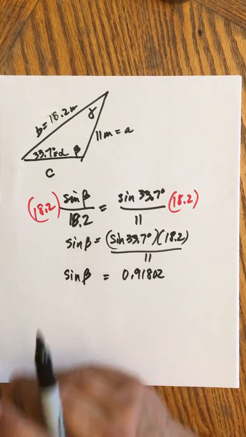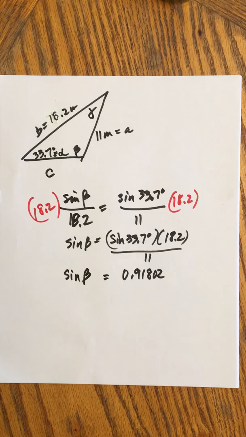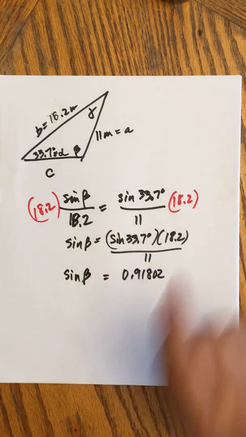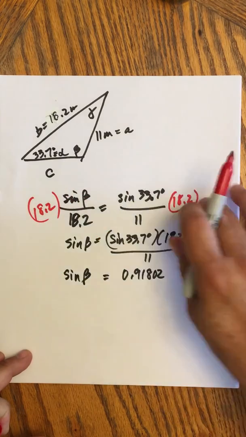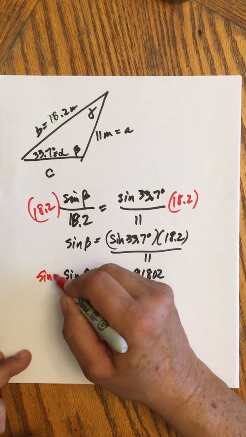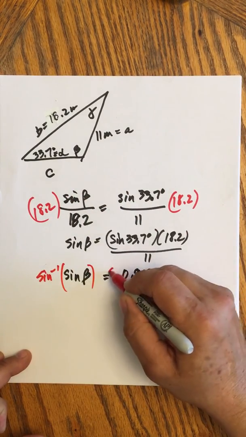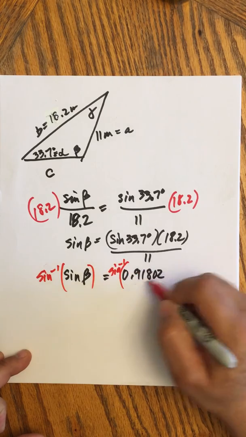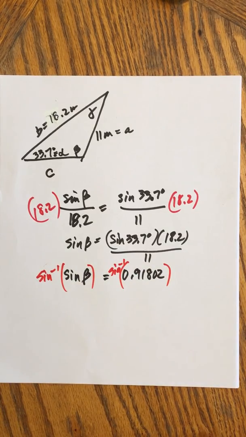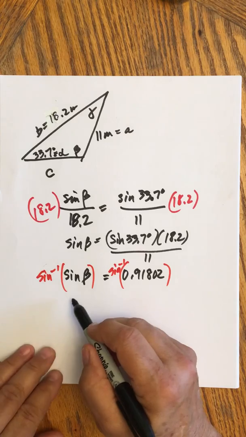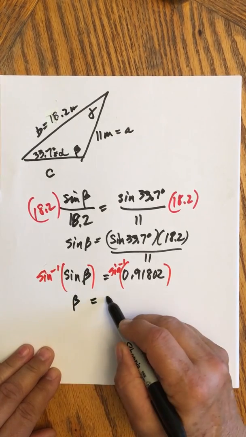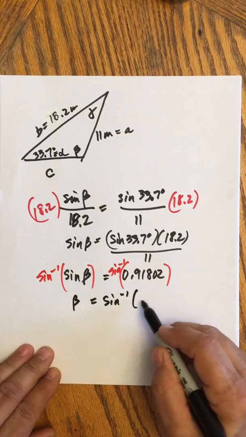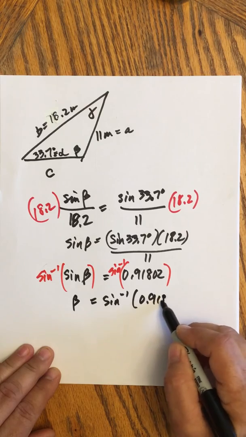Now I take the inverse sine of both sides, and remember, that is not a multiplication. Here I have to say I'm taking the inverse sine of that side, and the inverse sine of this number. So now beta is the inverse sine of 0.91802.